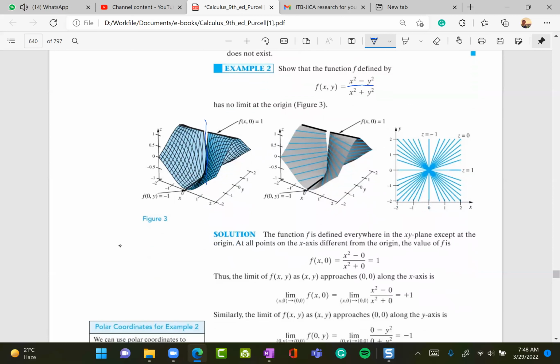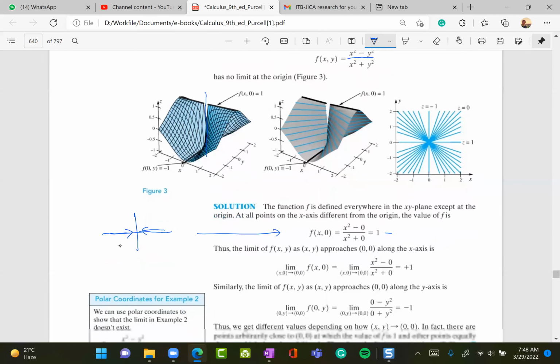So this approach, when y equals 0, means approaching from this direction or this direction. Here, this limit is 1.